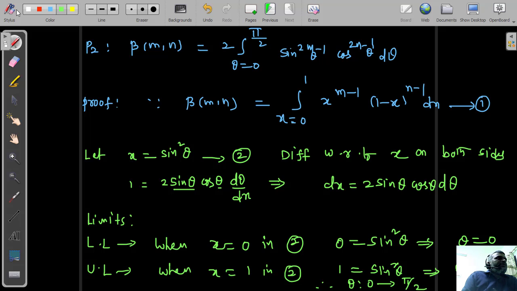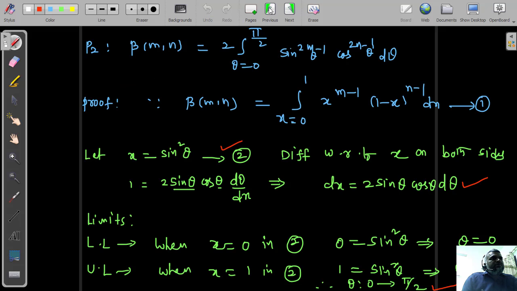Now we need to substitute x equal to sine square theta as well as dx equal to 2 sine theta cosine theta d theta, with theta from 0 to pi by 2, in equation number 1 for further simplification. Let us add one more page. Therefore equation 1 implies LHS beta of m comma n equals RHS.